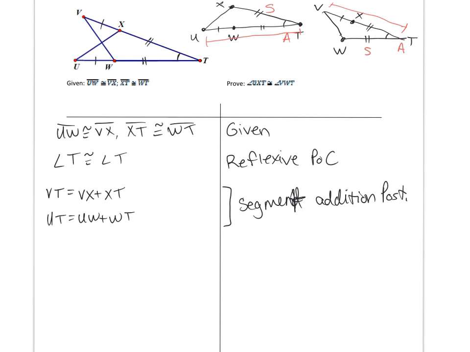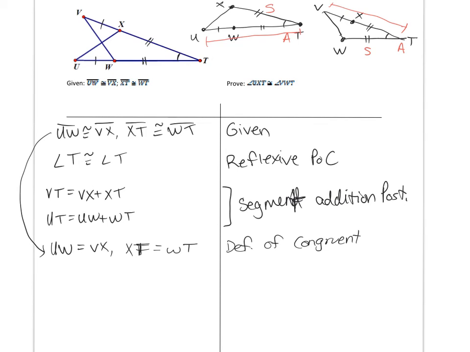Okay. Then I'm going to make some clever substitutions, but I can't make any clever substitutions until I have things equal to each other. So this step right here, I'm going to alter it down here and say UW equals VX and XT equals WT by the definition of congruent.